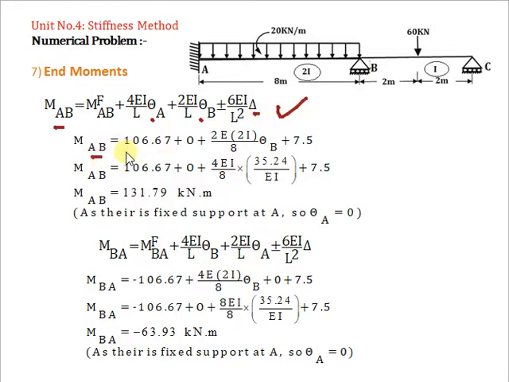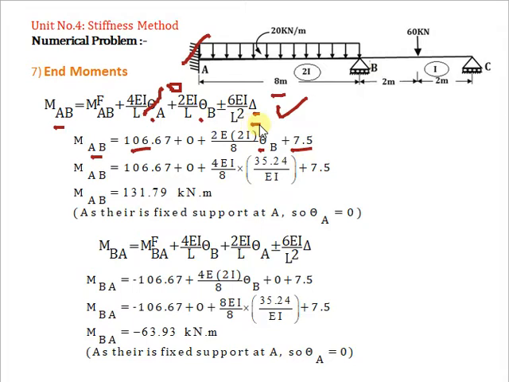So MAB is equal to MFAB, we know from the previous calculation, 106.67. Now theta A is 0 because A is a fixed support, so there is no rotation at A, plus 2EI by L; the moment of inertia of AB is 2I, so 2E into 2I divided by 8, where 8 is the span of AB, into theta B, plus 7.5.